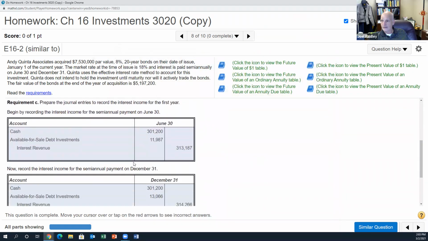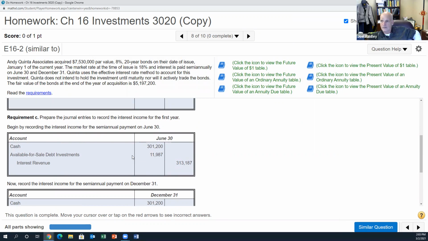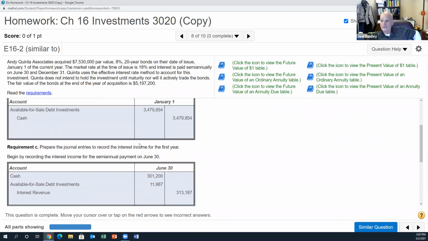All right, so there's my entry. If we were to put that on a spreadsheet or put that in a T account, that 3,479,854 would be increased, right, by 11,987. So 3,479,854 plus 11,987.